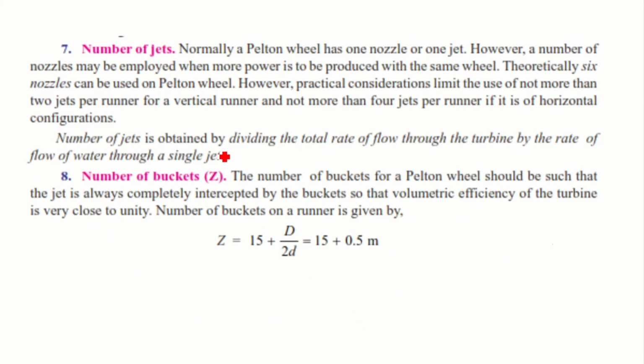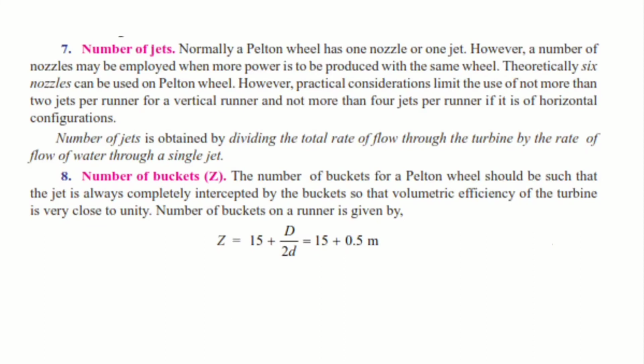So next we need to find the number of jets. In order to find the number of jets, you need to know certain things, which I will discuss in this session.